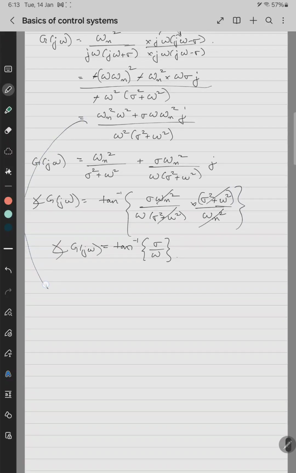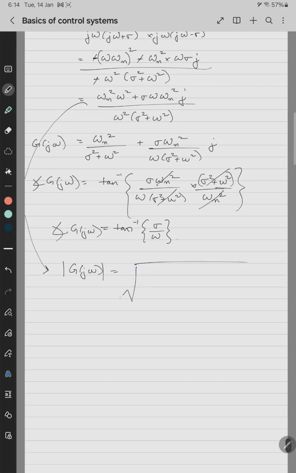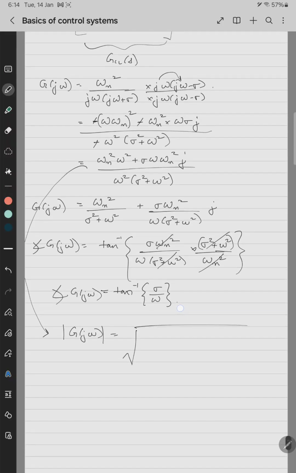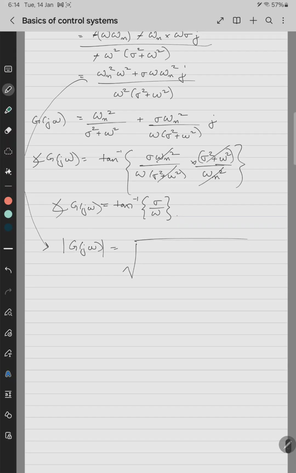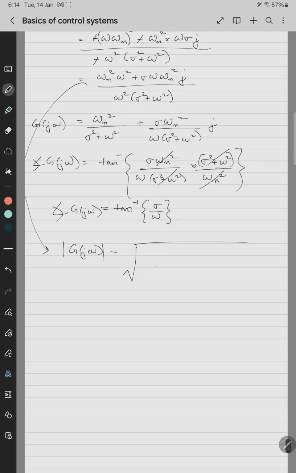And from this, what is mod of G of j omega? It will be under root of omega to the power 4 plus sigma square omega to the power 4 divided by omega square into sigma square plus omega square.